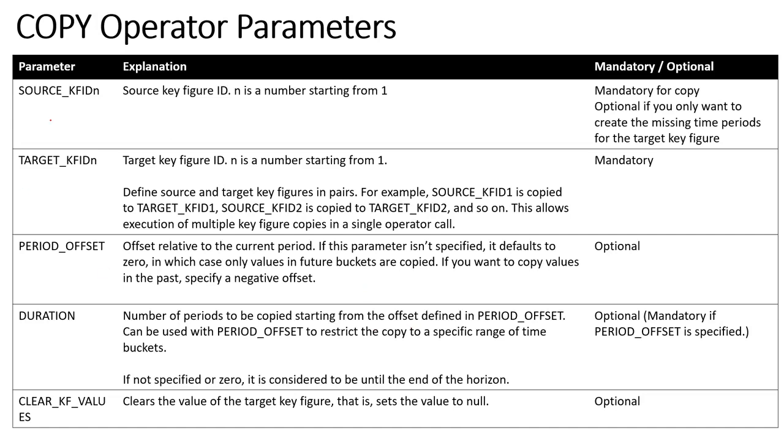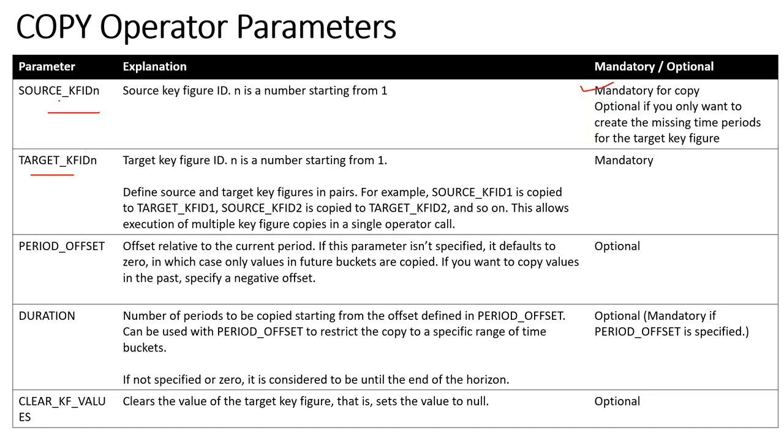The mandatory one is source_kfid1. You have to specify the source key figure, and then the target key figure; this is also mandatory. So what is source_kfidn? In one single operator you can perform the copy operations of 10 different sets, like key figure 1 to key figure 2, key figure 3 to key figure 4, key figure 5 to key figure 6, and so on.